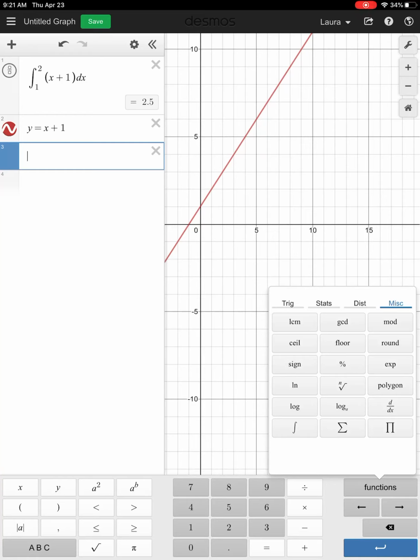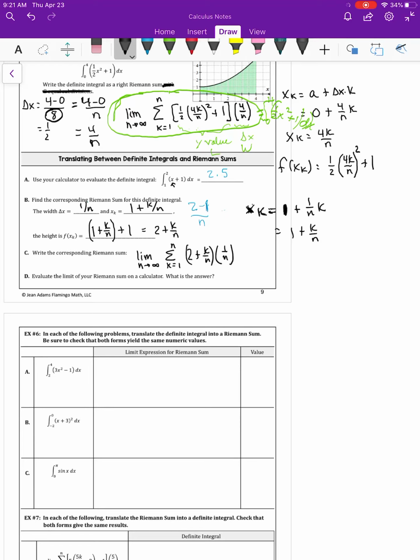I know my TI-Nspire does allow you to put a limit in, but I don't think this one does. If you know that this is the integral from 1 to 2 of x plus 1 dx, it's going to give you the same answer.